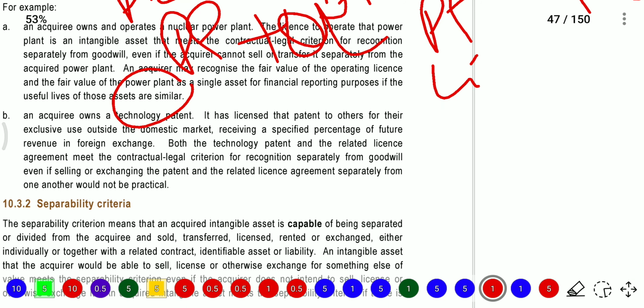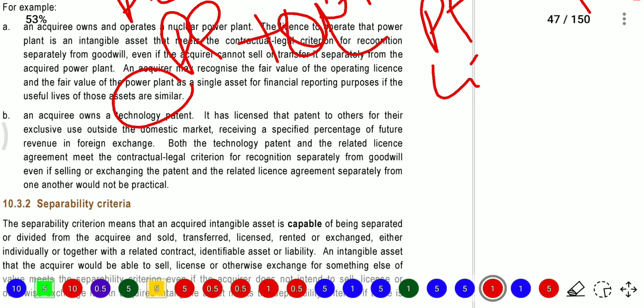In the second example, an acquirer owns some technology patents, and it has licensed that patent to others for their exclusive use outside the domestic market, in return for a specified percentage of future revenue in foreign exchange. So if you are exporting some exclusive product to another country, or you meet the foreign exchange revenue criteria, then you are eligible for that license.